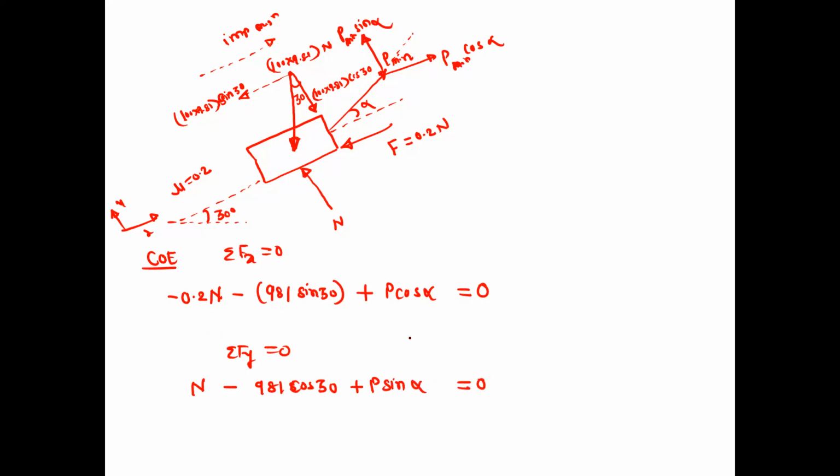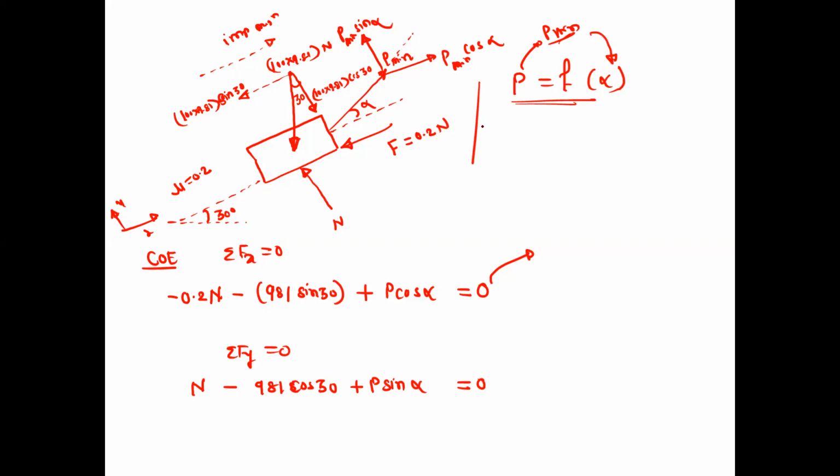So from these two equations, try to find out one equation which will be P as a function of alpha. Because finally, to get the minimum value of P, this minimum value depends on the value of alpha.